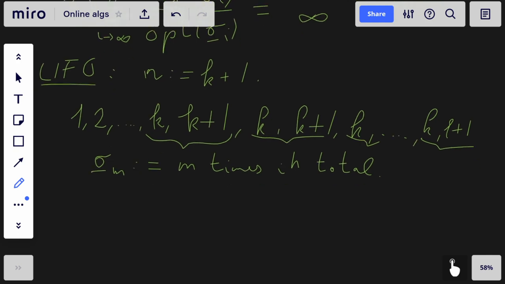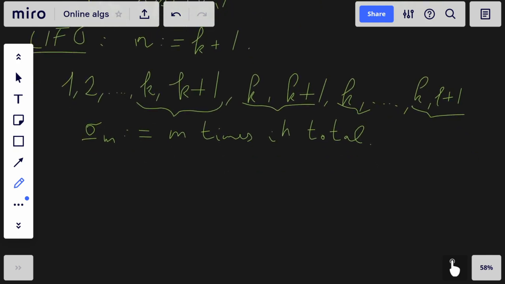Now, for the LIFO, what happens? The cache is filled till this point. Then when k plus 1 arrives, it will just discard the k. And then when k arrives, it will just discard the k plus 1. And when k plus 1 arrives, it will just discard the k, and so on. It will spend unit cost for each possible request.